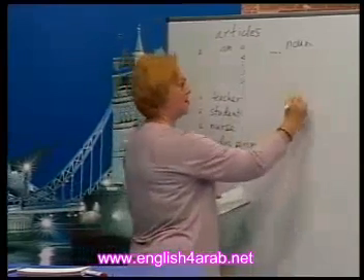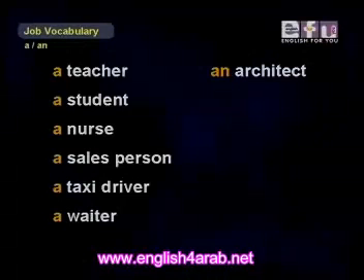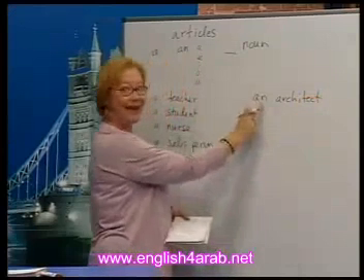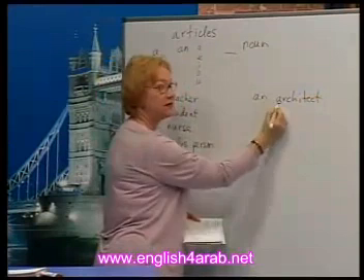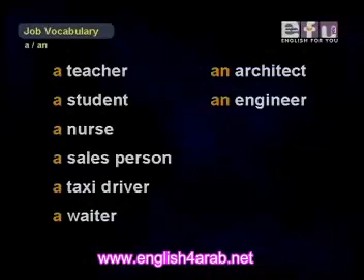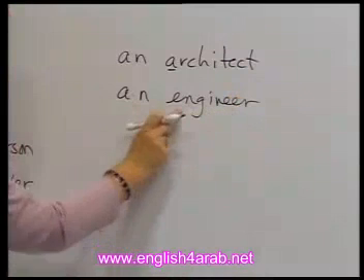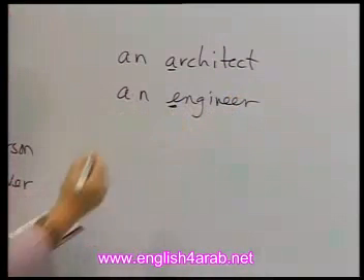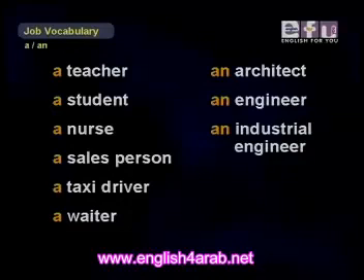Now we have an architect. An architect because of the a. An engineer. An engineer because of the E. An industrial engineer.